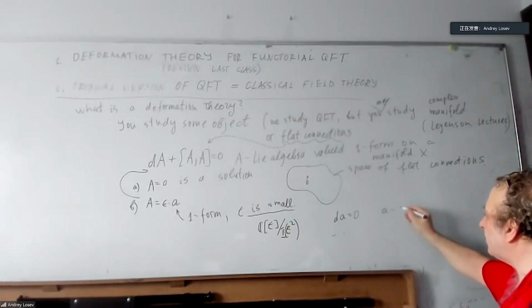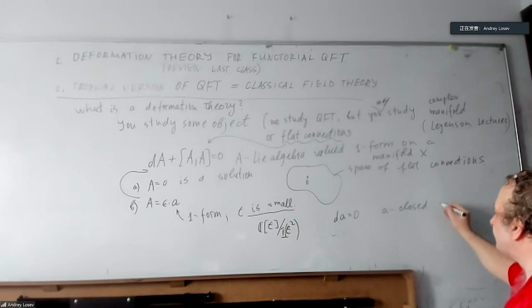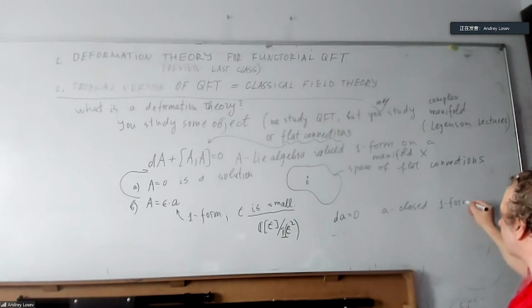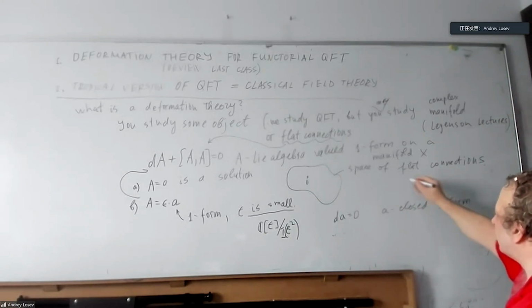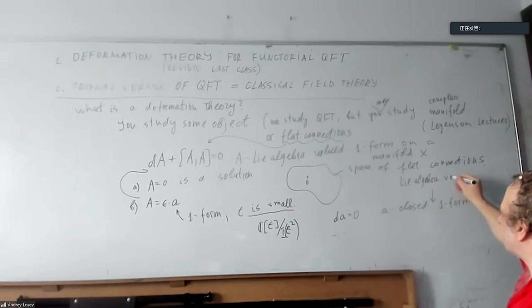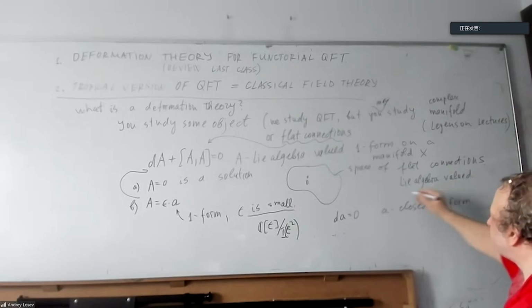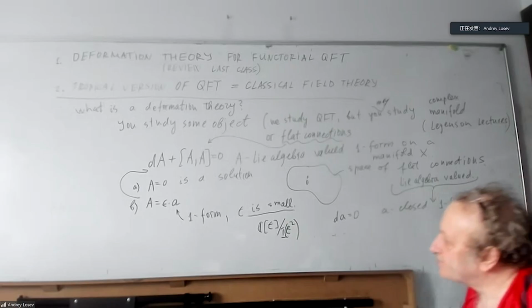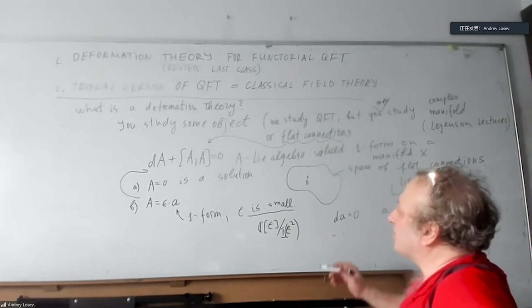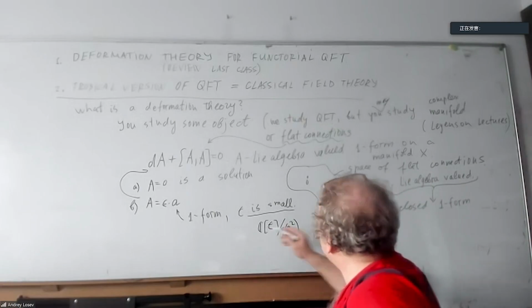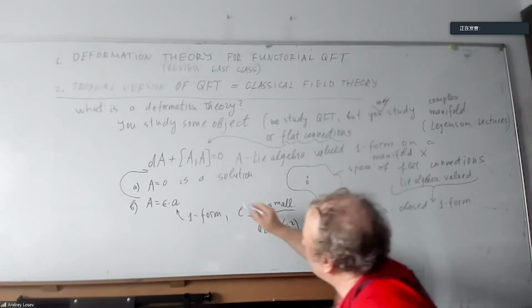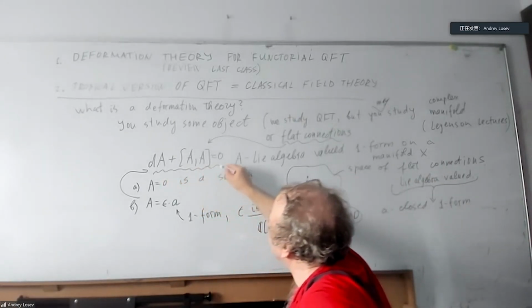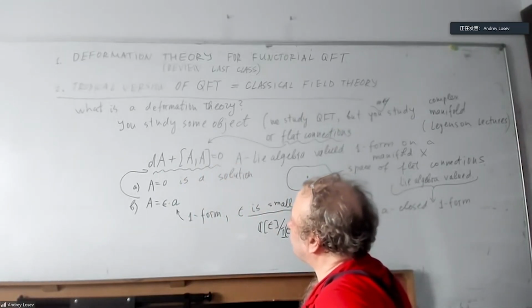We say that A is nothing but the closed Lie algebra valued one form. But we are not going to study just this equation. We are interested in the full equation.